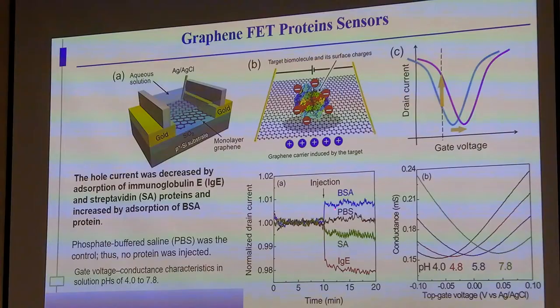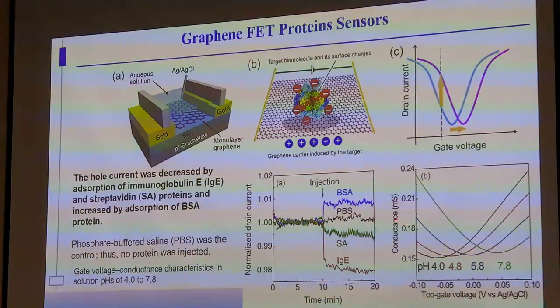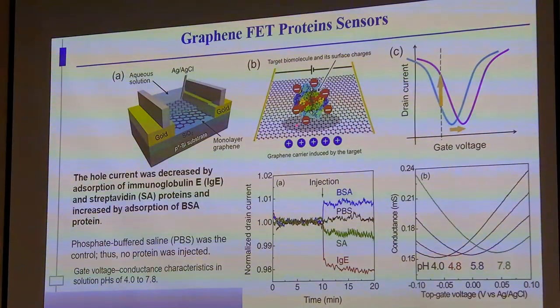But when you have BSA, it's a positive current, and when you have this assay and IgE, it's a negative current. It's also sensitive to the pH. Depending on the pH, the top gate voltage shifts, and it gives you an indicator that it's very sensitive to pH too. So two things: one is sensitive to pH, the second is sensitive to the proteins. And the mechanism is that these molecules inject a kind of charge into the graphene.